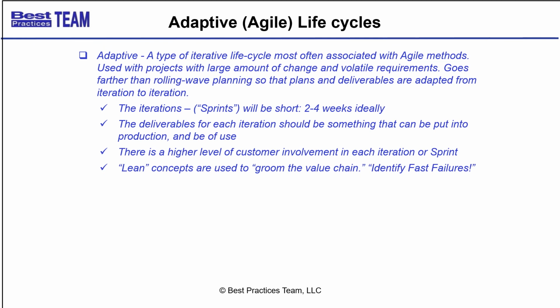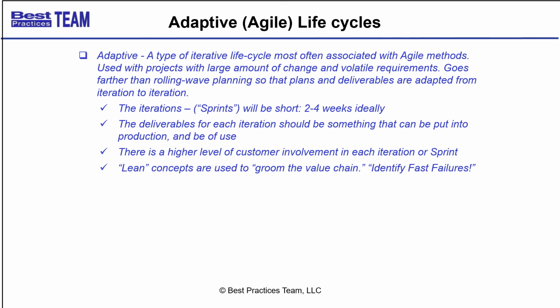So we're going to do things differently with adaptive life cycles or Agile. We're going to divide the project up into short iterations. So each of these iterations or sprints are typically between 2 and 4 weeks. And in each iteration, we're going to create some product increment or deliverables, something to display, something to show the customer at the end of the iteration in a review meeting.